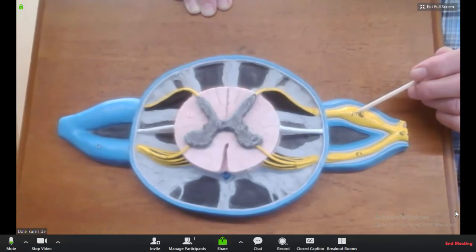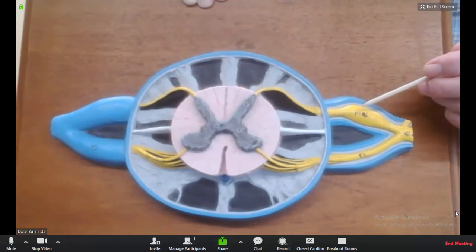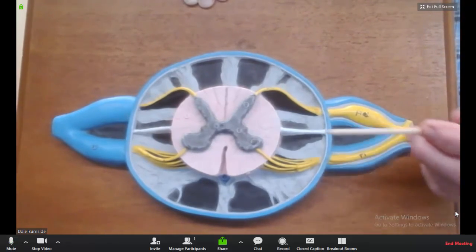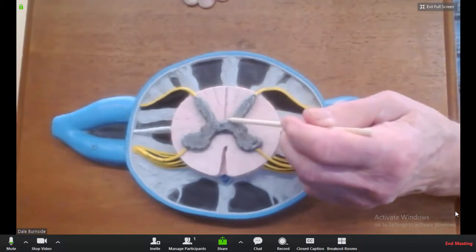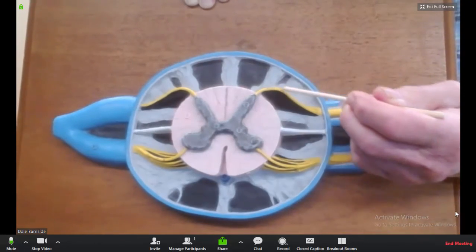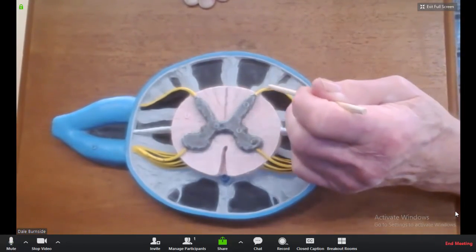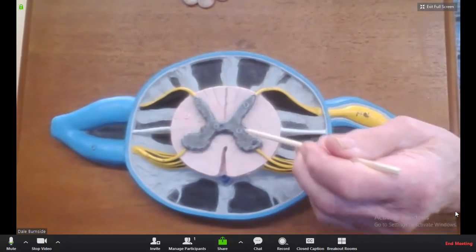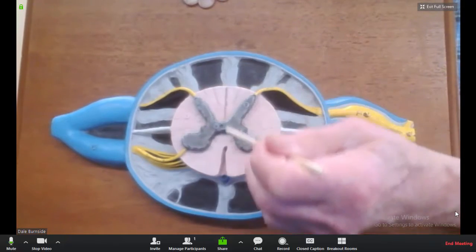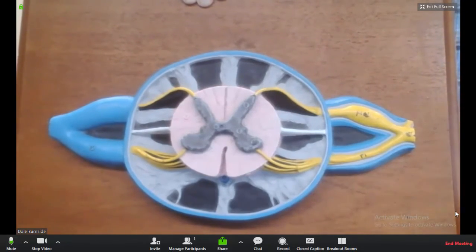It is a collection of nerve cell bodies outside of the central nervous system. This gray matter is association or interneurons, and they connect the afferent or sensory impulses to the efferent or motor impulses. So see, it goes around like that.